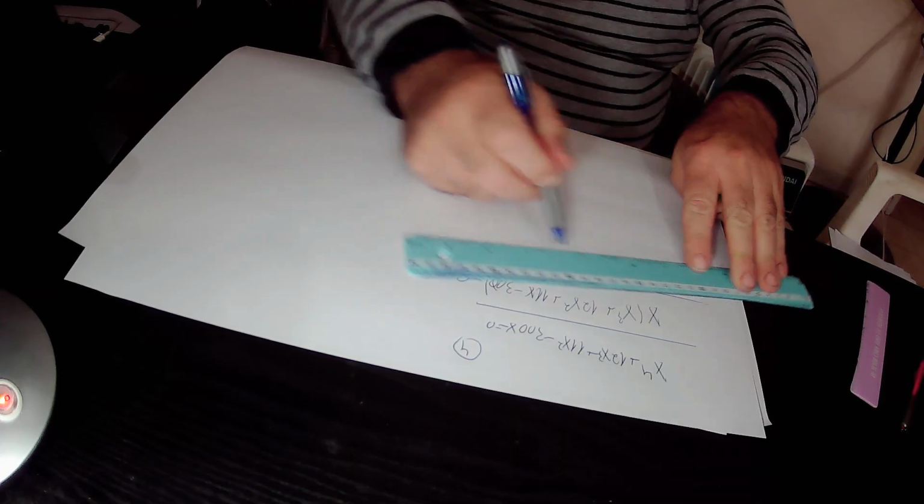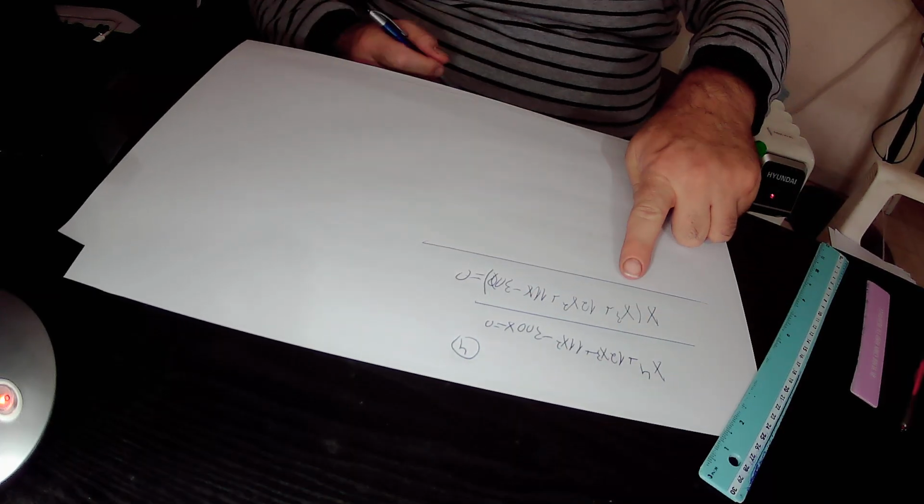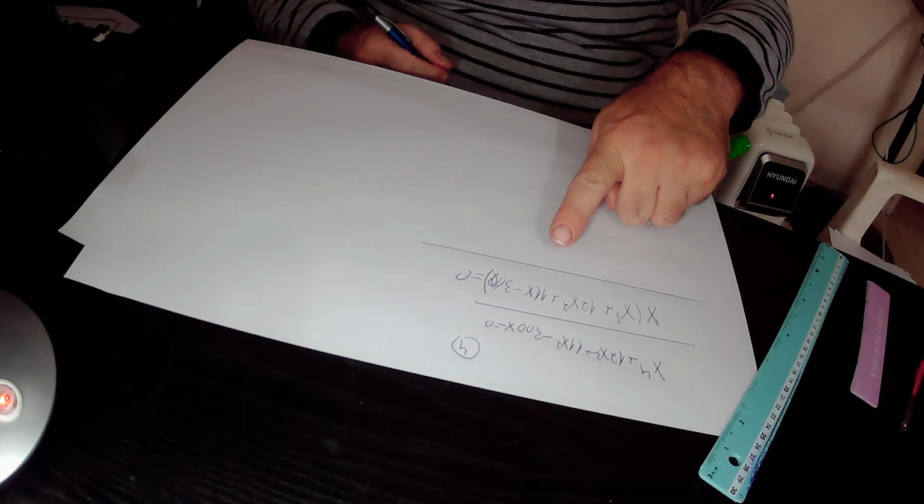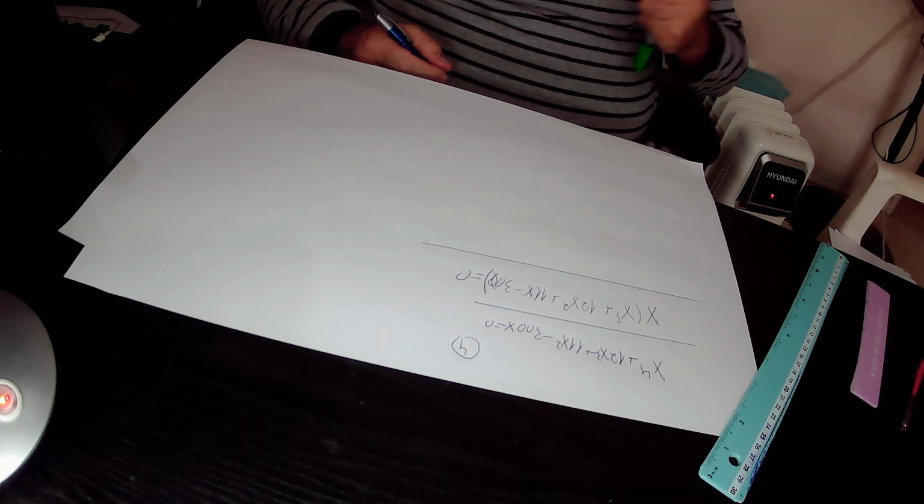Again, in total we found out that x times (x cubed plus 12x squared plus 11x minus 300) equals 0.